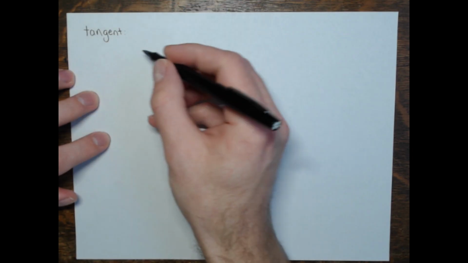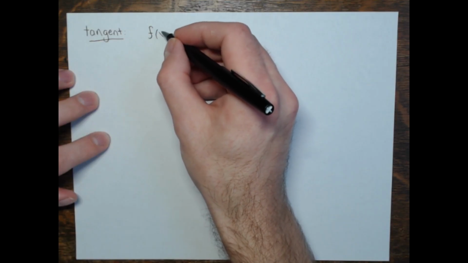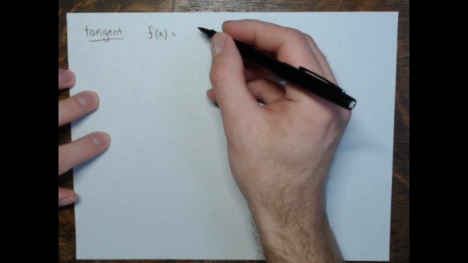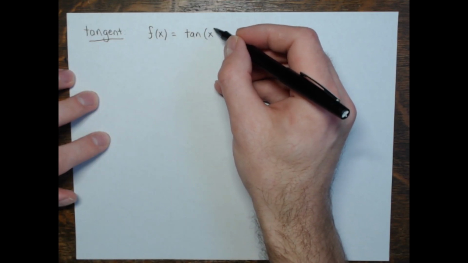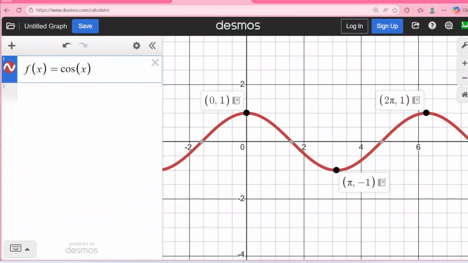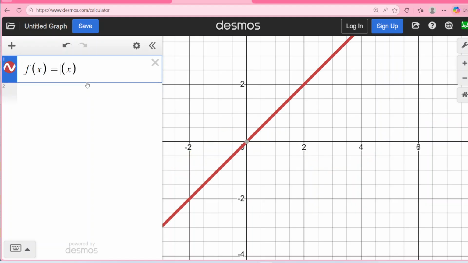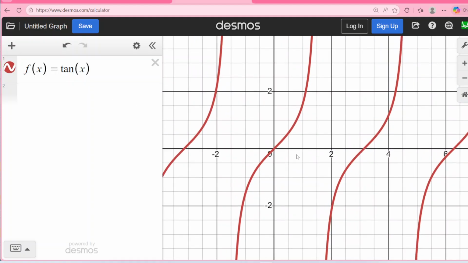All right, so the tangent function. So again, that's f of x equals tangent of x. And once again, a quick little refresher as to what the graph of this would look like. So changing cosine here in Desmos to tan, tangent of x. All right, so this had all sorts of vertical asymptotes.